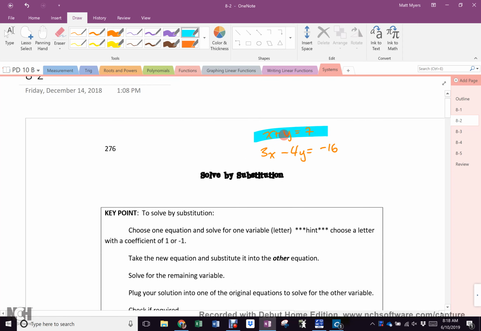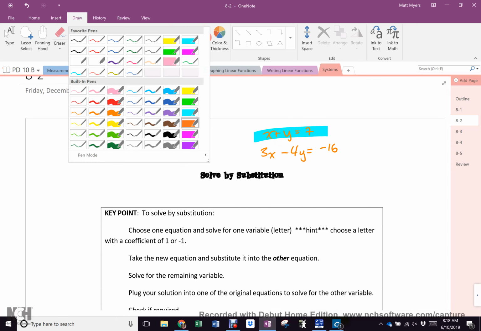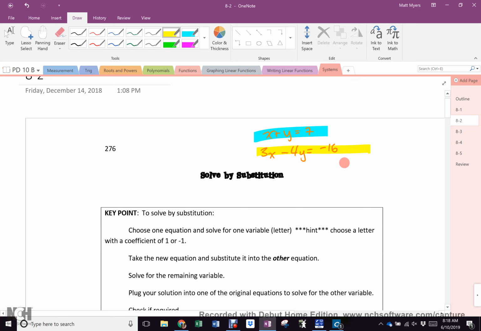Why can't we solve that? There's an infinite amount of answers, isn't there? Because any two things that add to 7 will solve this. You have no idea what they are, right? The same reason that we cannot solve that. Same reason we cannot solve that, yes?